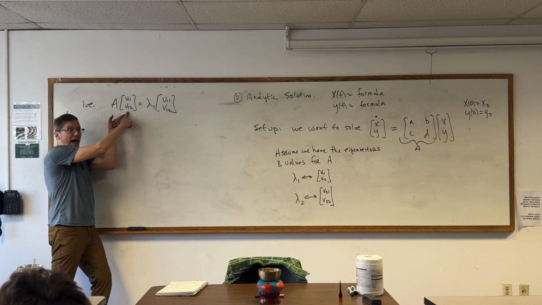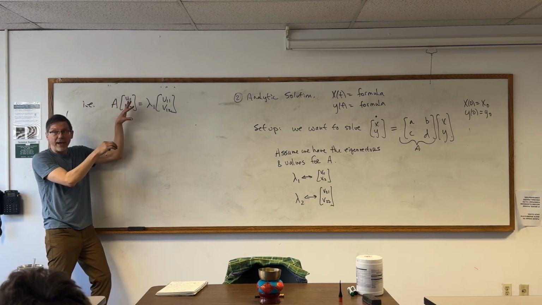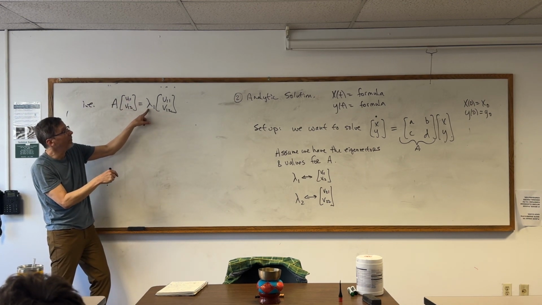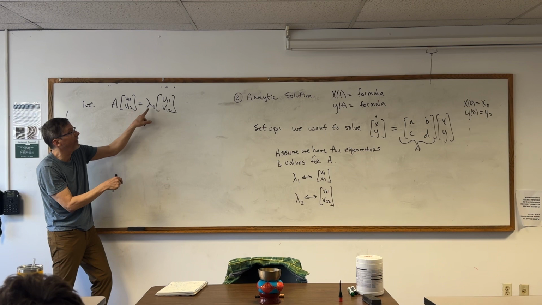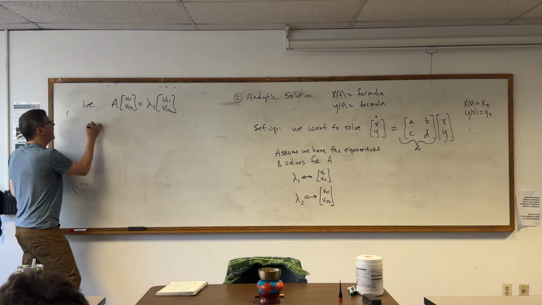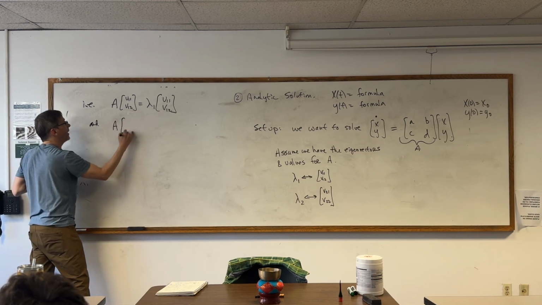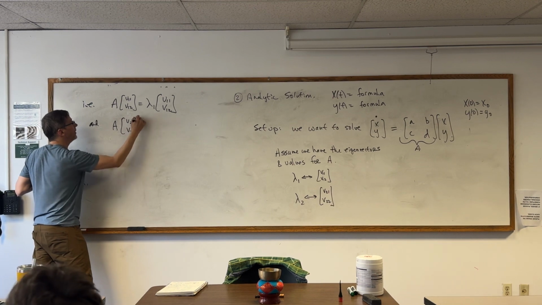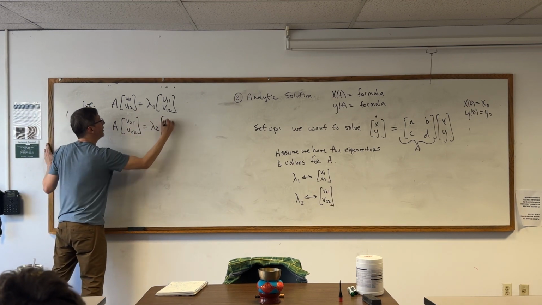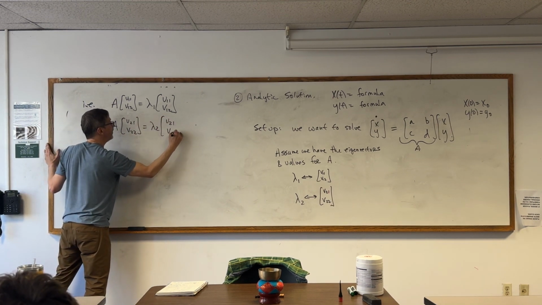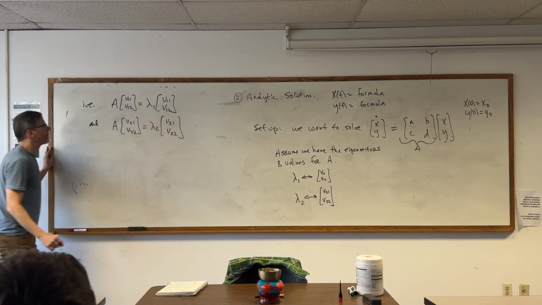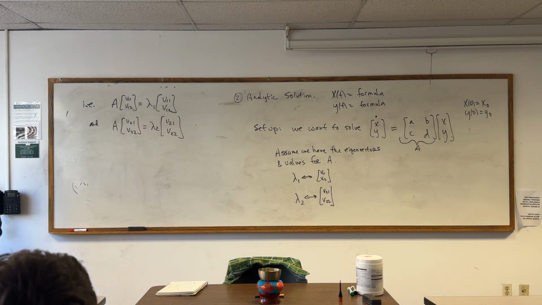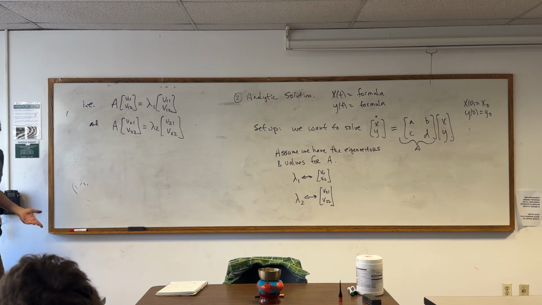If this is an eigenvector for A, and I multiply A by that thing, it's the same thing as just scaling that vector by this factor right here. And we also have that for the second one, A times v21, v22 equals lambda 2 times v21, v22.